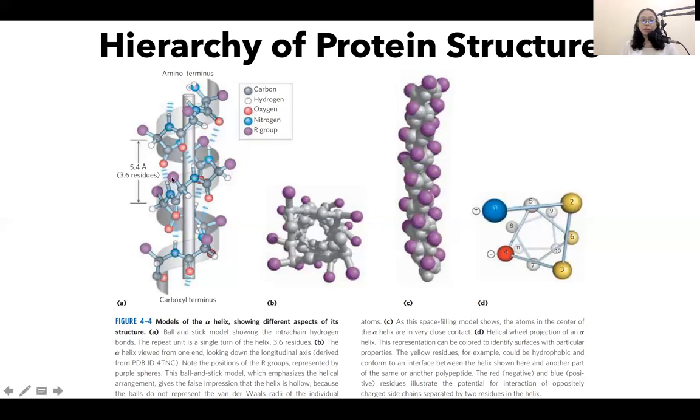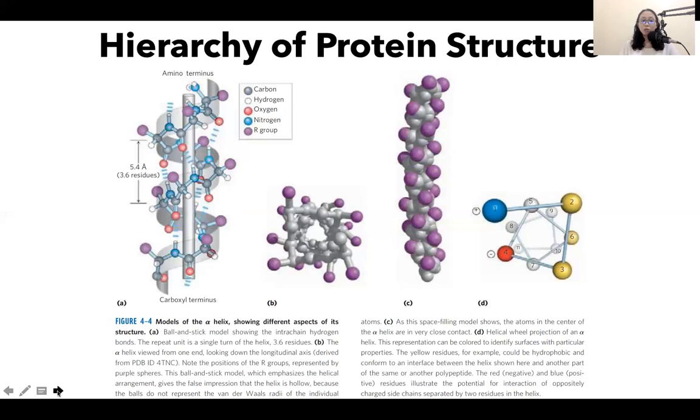So in this representation, you see the oxygen of a carbonyl group forming a hydrogen bond with the hydrogen of the NH of the residue that is 4 spaces away from this first amino acid residue. And this only tells us that an alpha helical structure is very stable.